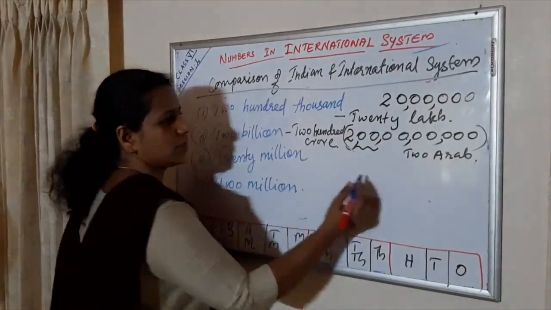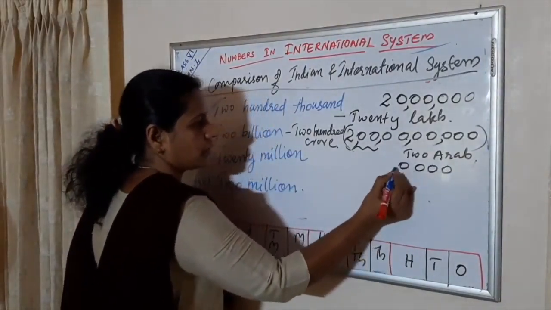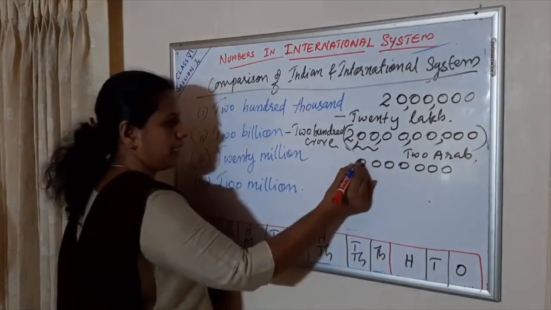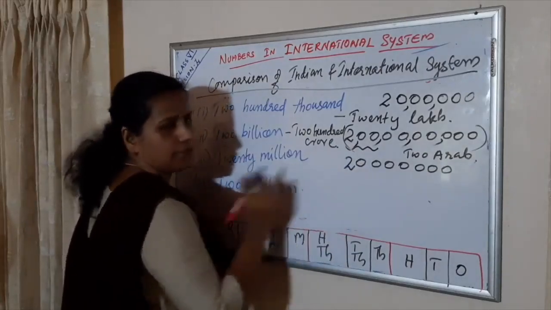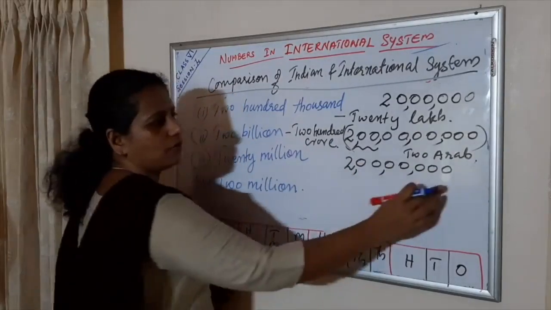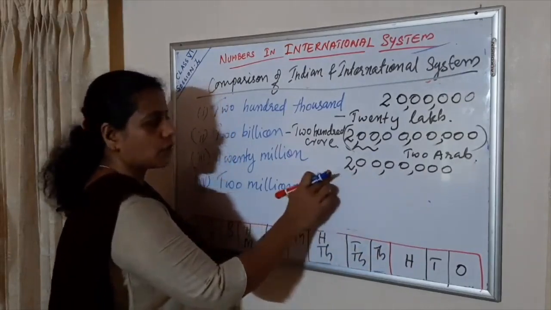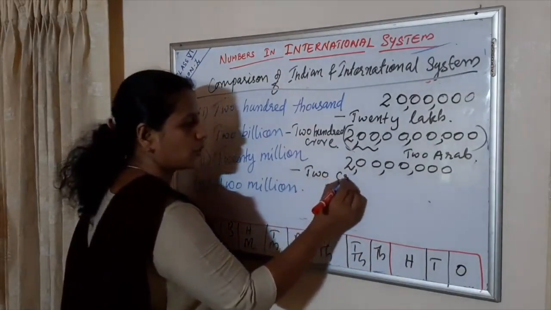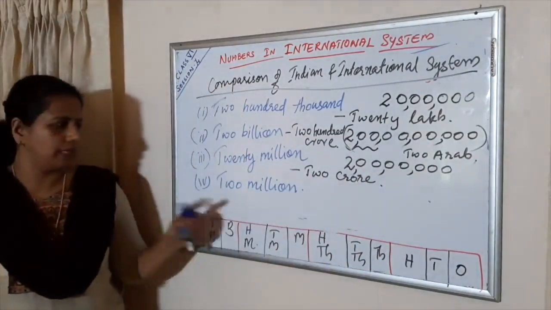Next one 20 million, that is ones, tens, 100, 1,000, 10,000, 100,000, million. Then 10 million's place it is 20 million. Inserting commas in Indian system. Ones, tens, 100, 1,000, 10,000, lakh, 10 lakh, crore. So 20 million is equal to 2 crore. Then next one 2 million.